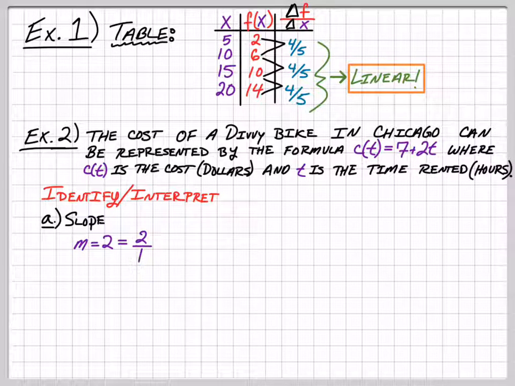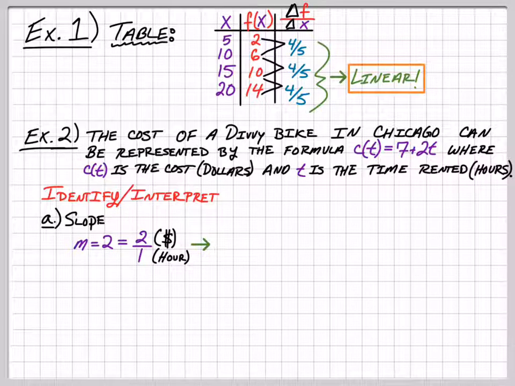And since this function tells us about the cost of a divvy bike, it looks like the longer we ride it, it's like 2t, right? So for every additional hour we ride it, it charges us $2 for that amount. So let's convert it to units here. 2 over 1, and we're riding this divvy bike. 2 would be dollars, and 1 would be the time, or hours. So $2 for every hour.